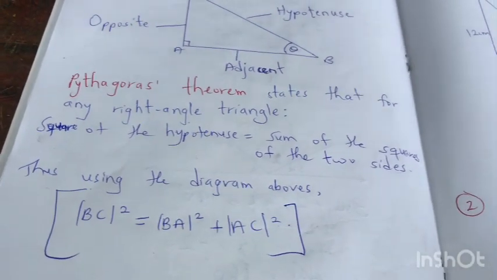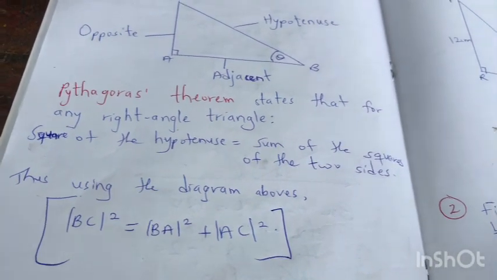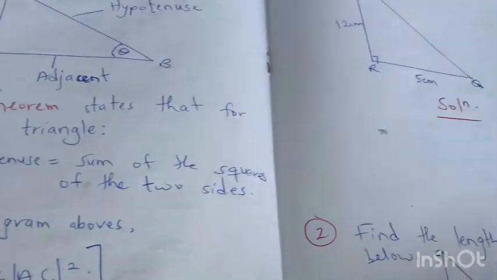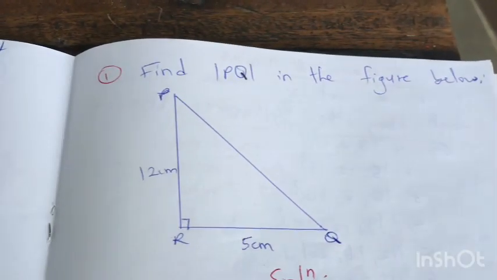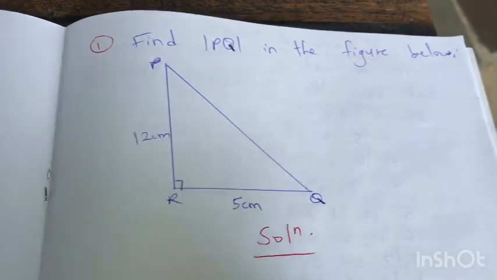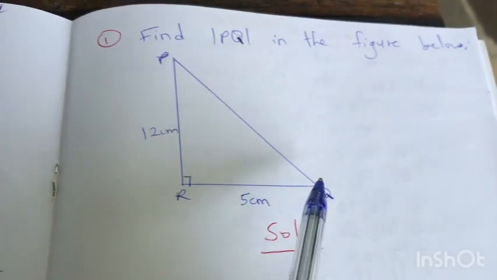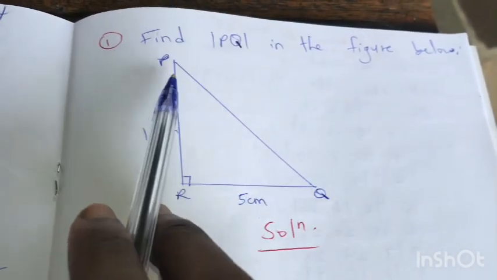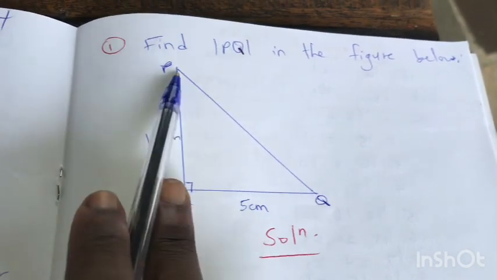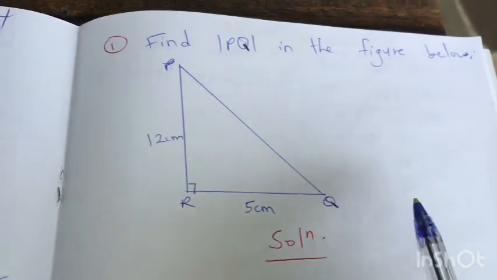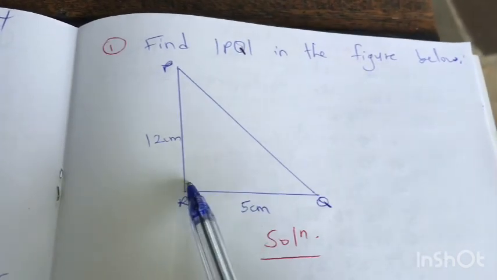Let's see some ways we can use this theorem to solve certain questions. We have a question like: find PQ in the figure below. Where is PQ? Line PQ. Which side is this? The hypotenuse, exactly, because it is facing the right angle.